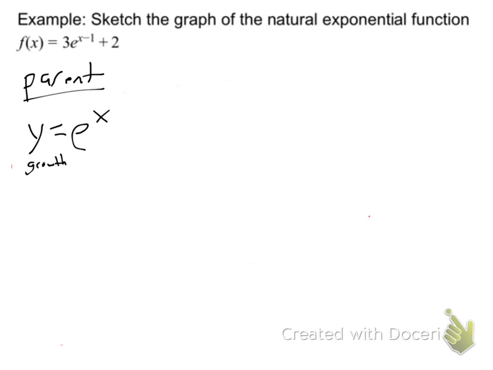Okay, so what things are we given for a parent exponential? 0, 1 is always there. What else? y equals 0. And since it's growth, I'm going to pick up what kind of point? Growth is on what side?